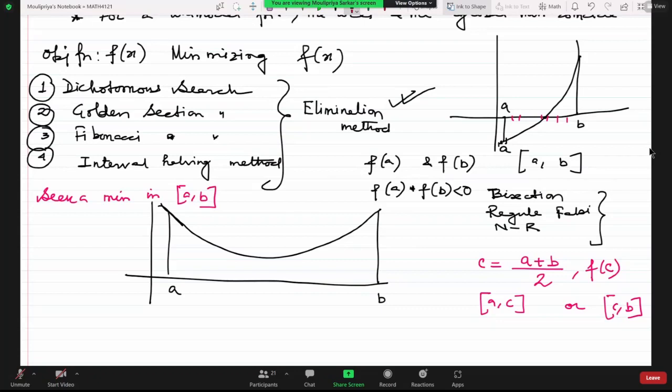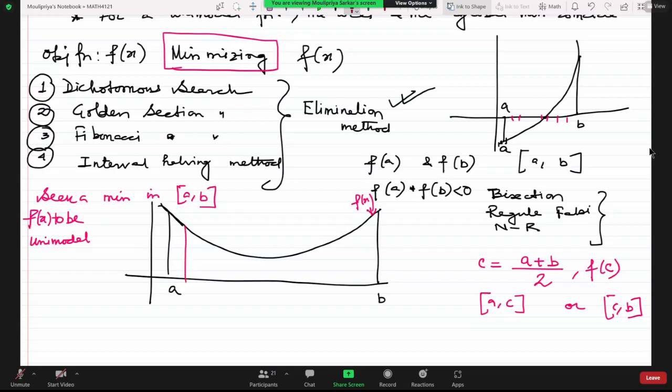We further consider f(x) to be unimodal. That implies the function has a single minima in the interval AB, since we are talking about a minimization technique. Now you tell me one thing.